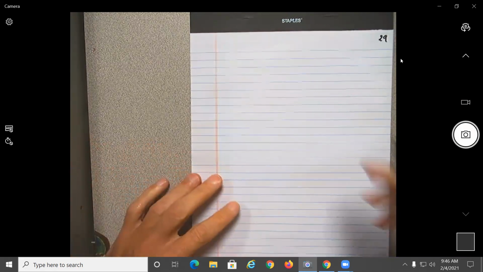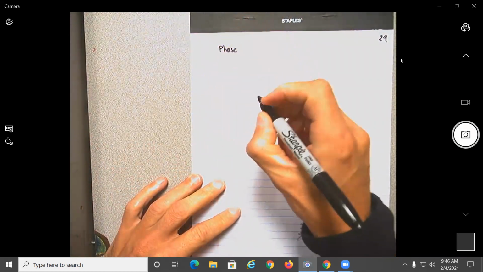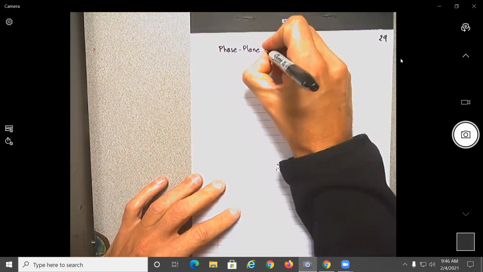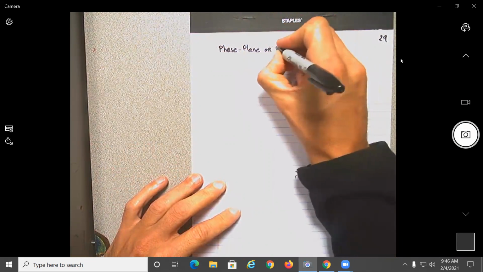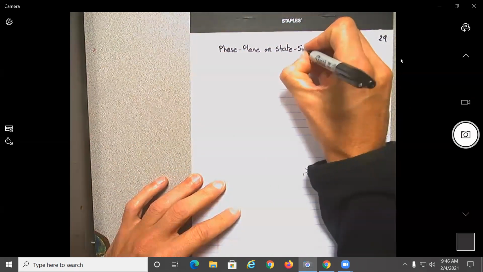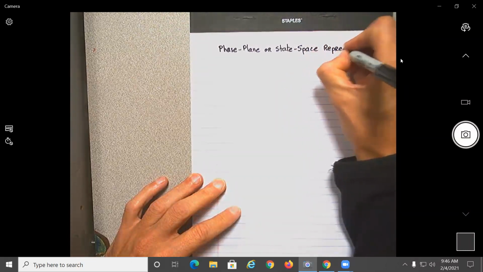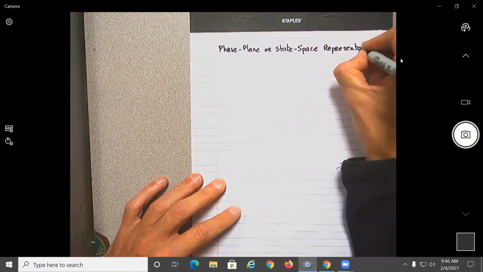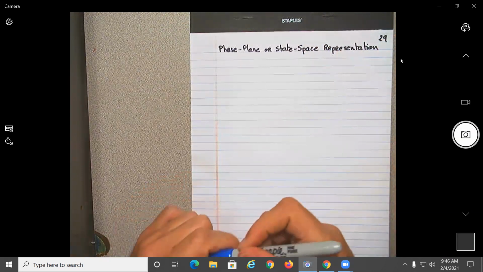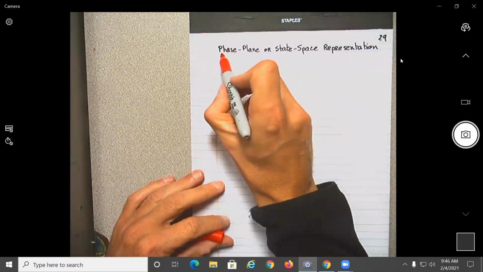So the first thing we're going to do today is the phase plane or state space representation. If you took a controls class, this is basically what you use all the time.